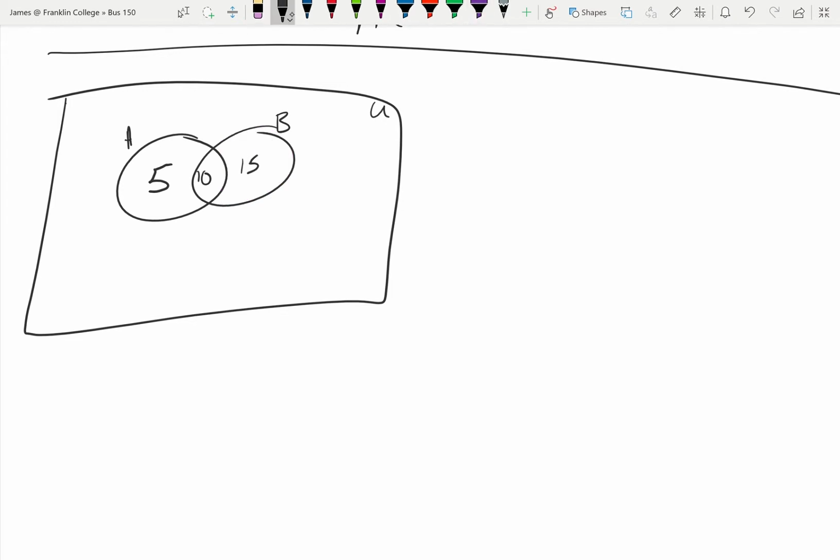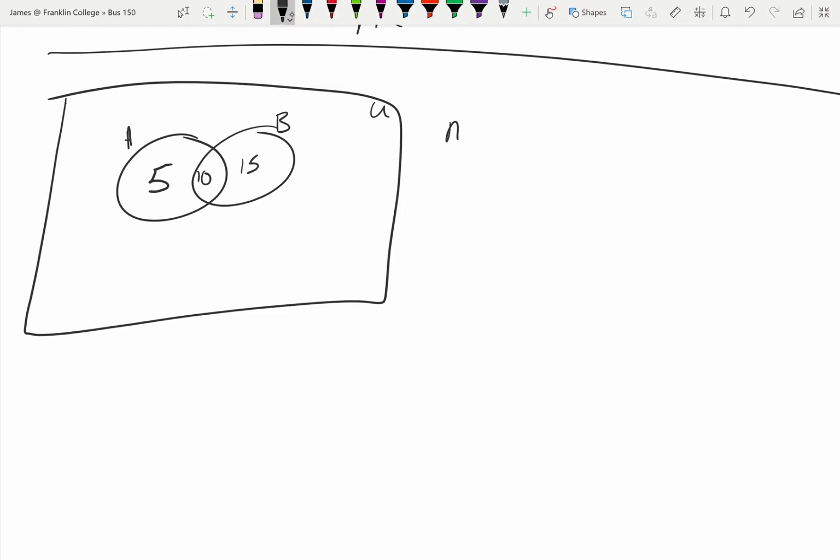And then let's assume that we have 25 elements that's not part of A or B, that's part of the universal set. So this 25 is all the elements that's in the universal set that is not part of A or B. So let's talk about the number of elements in some interesting areas.